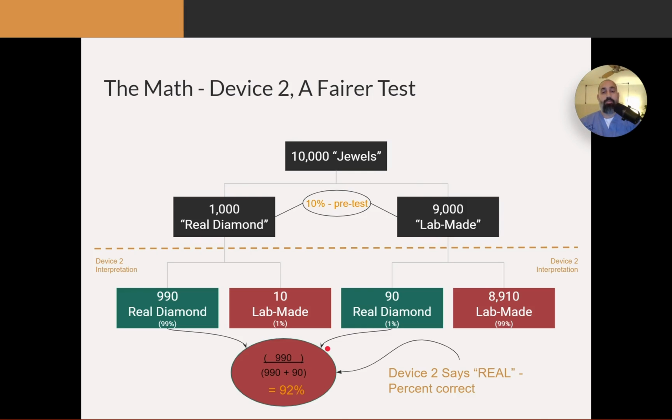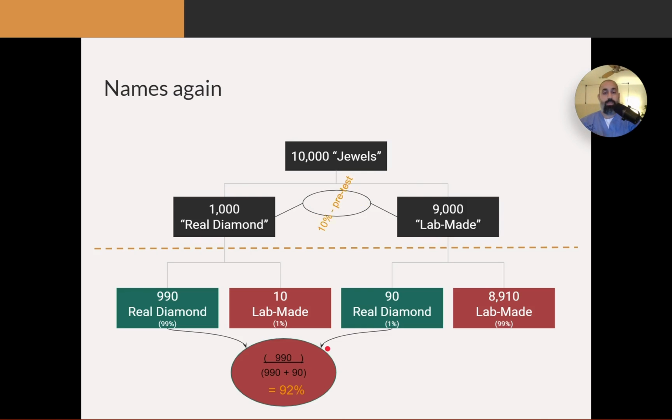Now my probability is 92%. Once again, we're going to go through the names. That's the pretest probability. This is the post-test probability, or the positive predictive value. So that 92% is the positive predictive value: when a test is positive, what percent of the time is it correct? And this is usually confused with the specificity.